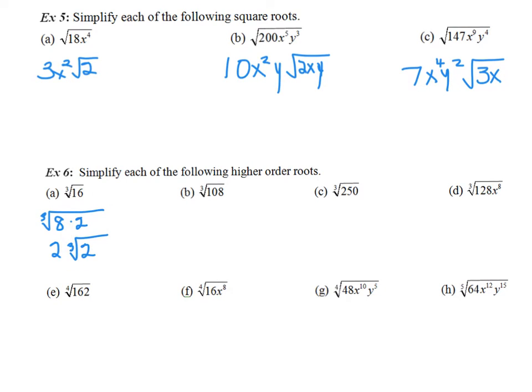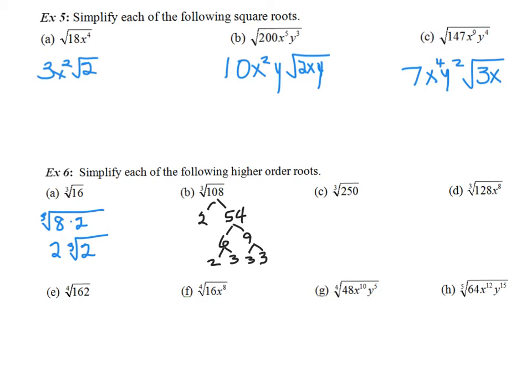Now, if you don't recognize a number as having a perfect cube root, we can still factor it using your factor tree. So 108, I know that that breaks down into 2 times 54. Keep breaking it down, so 54 is 6 times 9, 6 is 2 times 3, 9 is 3 times 3.